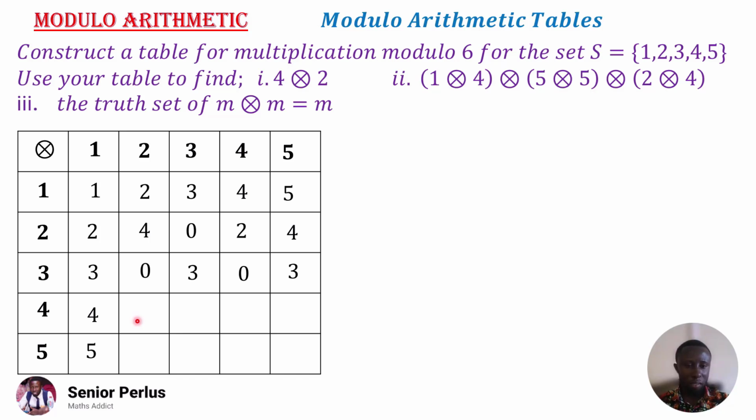4 times 2 is 8, 8 mod 6 is 2. 4 times 3 is 12, and that one is 0. 4 times 4 is 16, and 16 mod 6, we just divide, then the remainder is 4. 4 times 5 is 20, 20 mod 6, the remainder is 2. 5 times 2 is 10, that I already know. 5 times 3 is 15 mod 6, you already know the answer. 5 times 4 is 20, mod 6, you already know the answer. 5 times 5 is 25 mod 6.